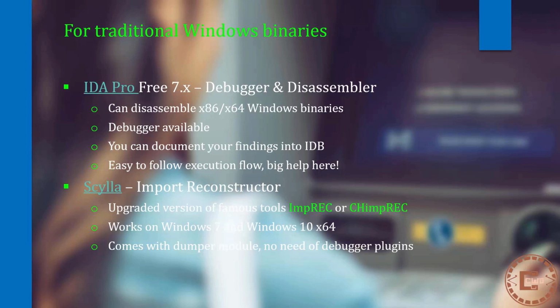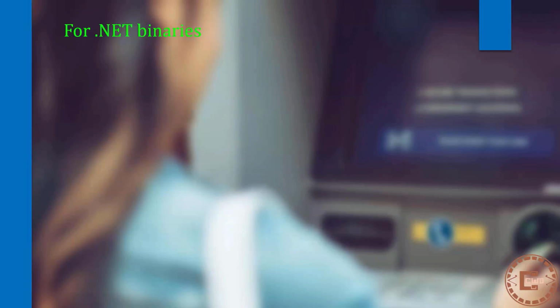But in this case, the module comes in the same tool, so you don't need to worry about other plugins. It comes in a flavor for x86 or 64-bit. So if you want to dump an x86, 32-bit binary, you use that version, or you use the 64 one, and both work great. Kudos to those guys also.